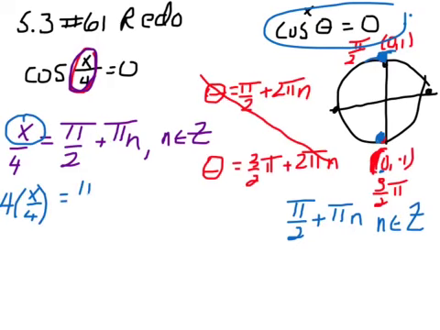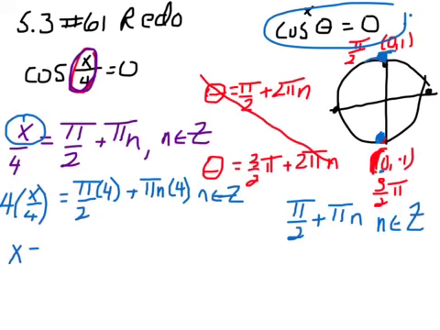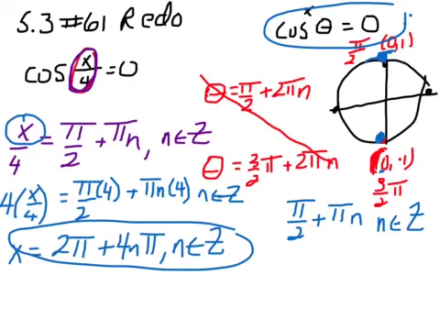Pi halves gets multiplied by 4, and pi n gets multiplied by 4, with n an element of Z. So x is equal to 4 pi over 2, which becomes 2 pi, plus 4 pi n, n an element of Z. The book may describe it differently. That's the quickest way I know to describe it. The book sometimes does strange things about the way it describes the answers, but this is a correct answer.